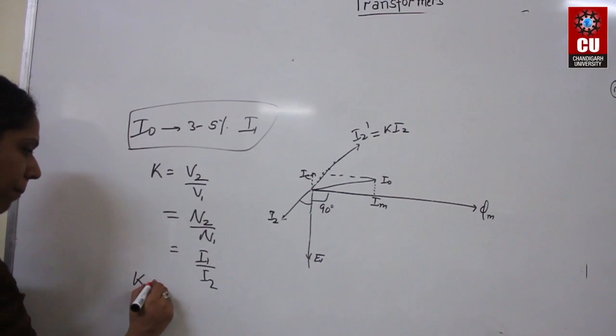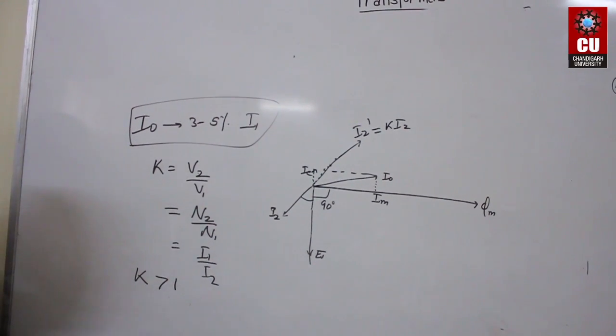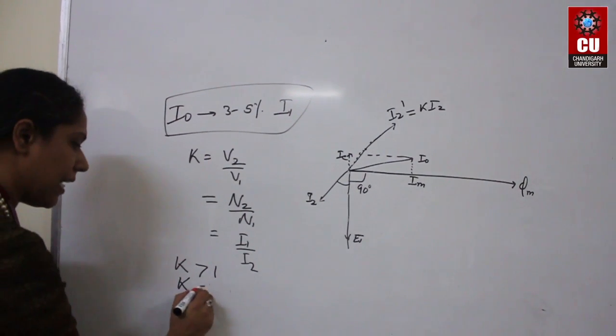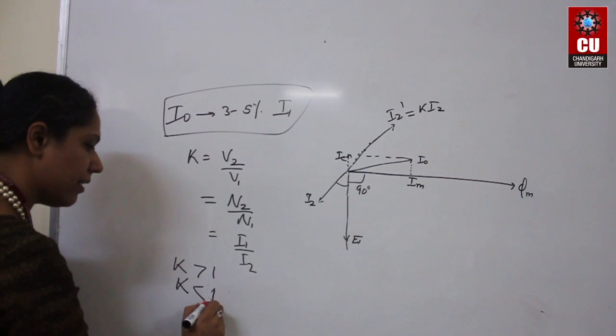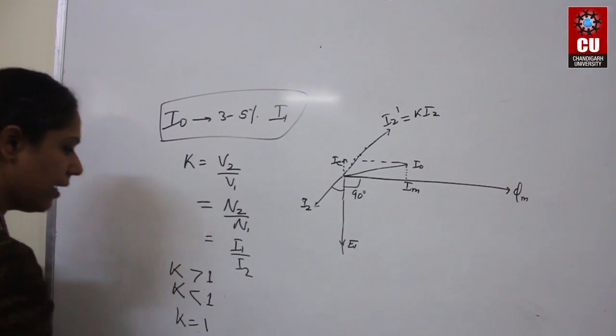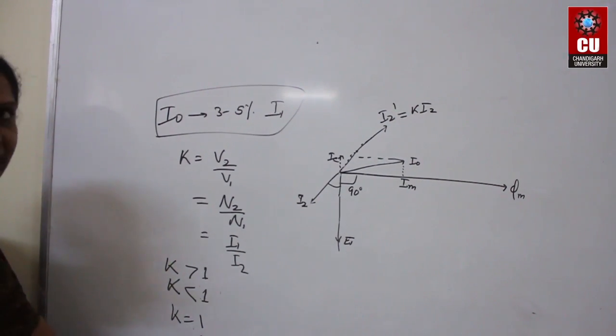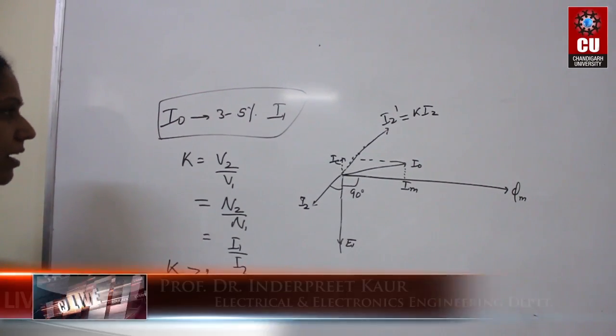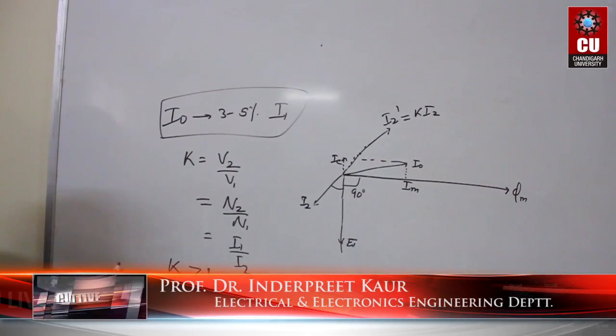For a step-up transformer, K is greater than 1. For K less than 1, it is a step-down transformer. When it is equal to 1, it is a 1:1 transformer, meaning energy is just transferred from primary to secondary winding.